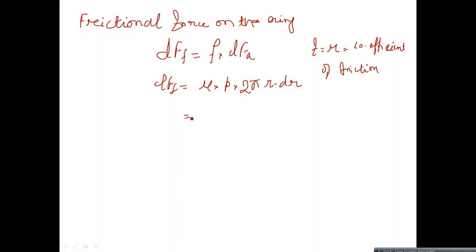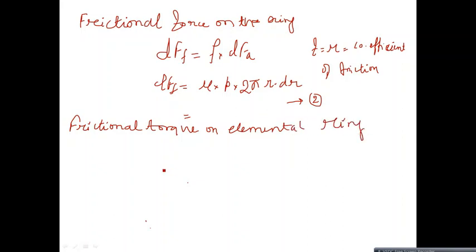Now let us substitute the value of dFA, which is p into 2 pi r into dr. Let us note this as equation number 2.